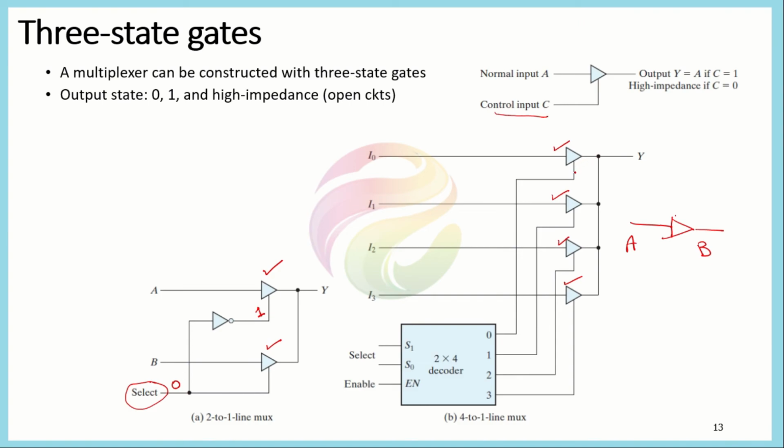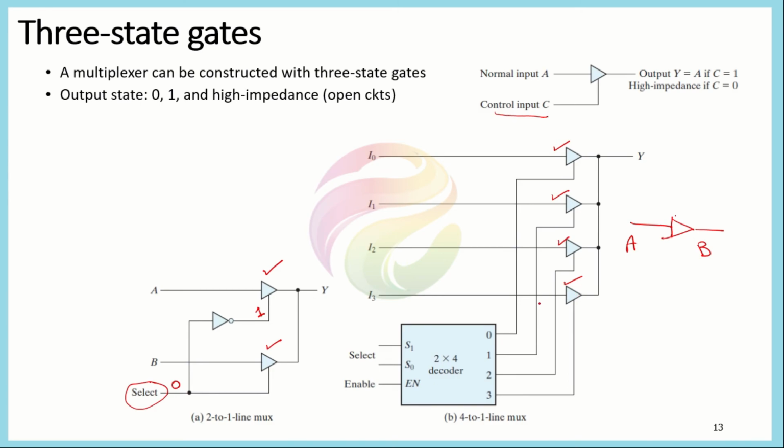Otherwise we would have a high impedance state at the output. Because only a single gate should be active at a time, we need to design a mechanism in which only one of these four gates is activated at a time.